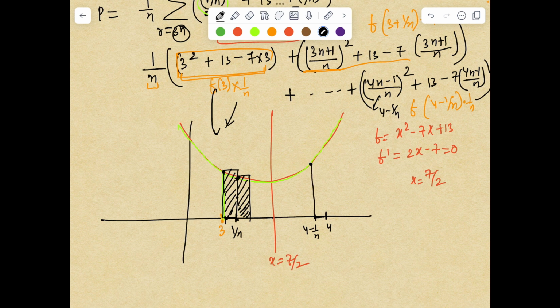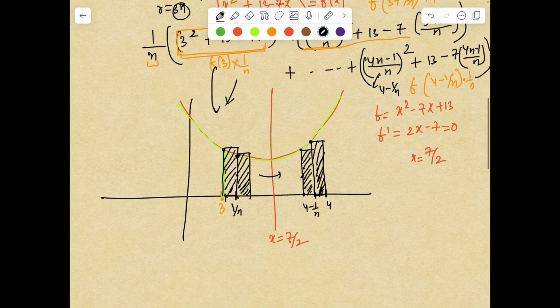So at that point we'll have a height, and this represents again the area as shown in the diagram. The interesting point of this problem is, if we move further, 4 minus 2 by n, the area represented will be as shown in the diagram.